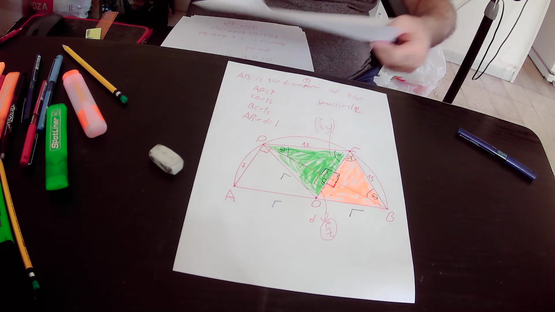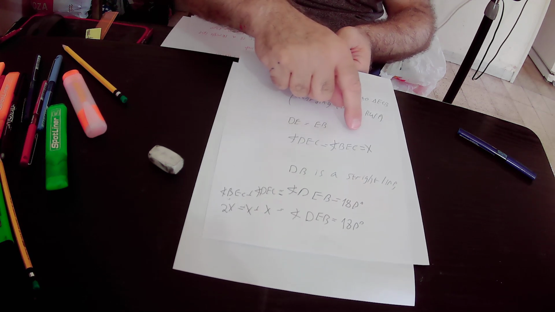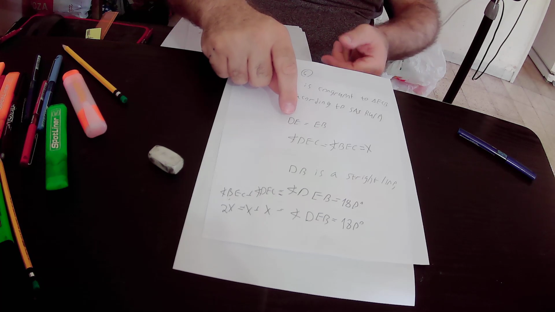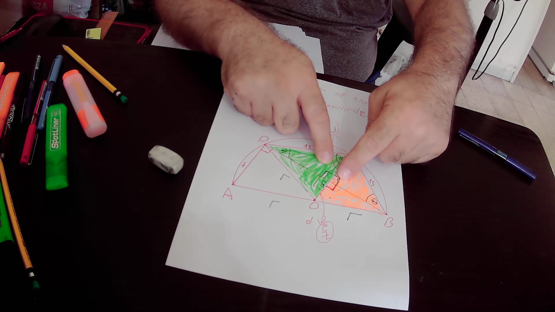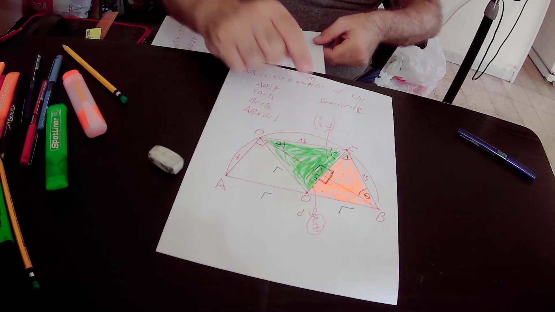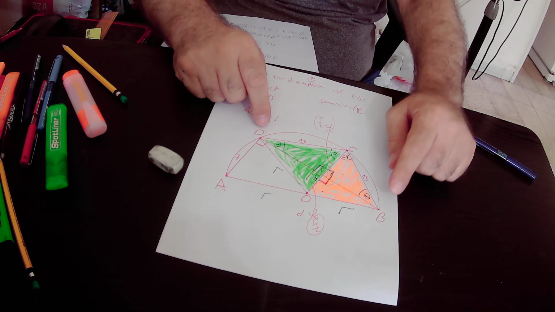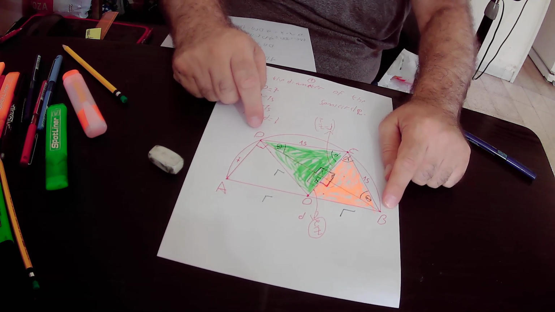Okay, angle DEC equals angle BEC. We define one angle as x, so the other angle must also be equal to x. So this angle is x and the other angle is also x. And we know that DB is a straight line because we actually connected points D and B by a straight line.